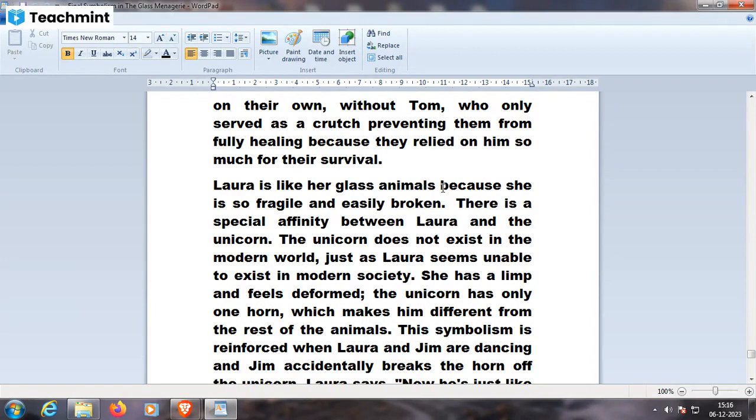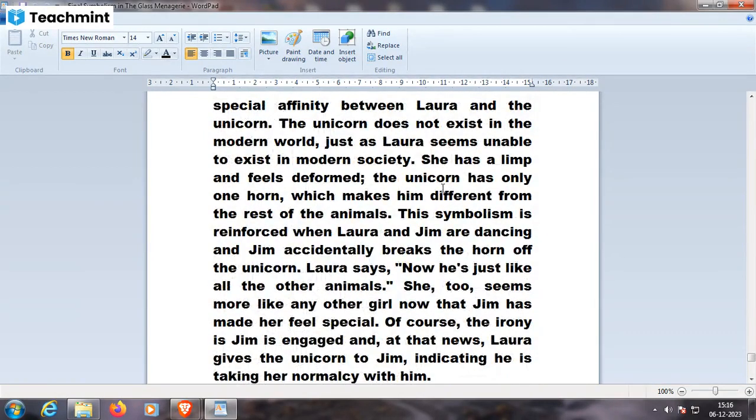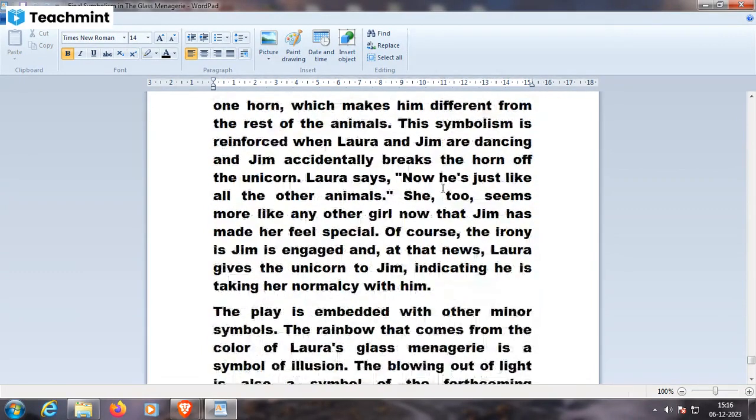This symbolism is reinforced when Laura and Jim are dancing and Jim accidentally breaks the horn of the unicorn. Laura says, "Now he is just like all the other animals." She too seems more like any other girl now that Jim has made her feel special. Of course, the irony is that Jim is engaged, and at that news, Laura gives the unicorn to Jim, indicating he's taking her normalcy with him.